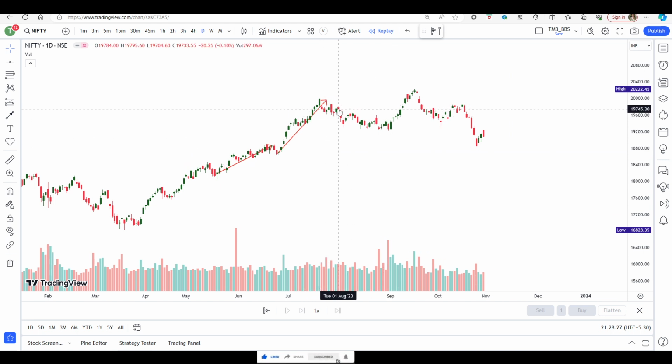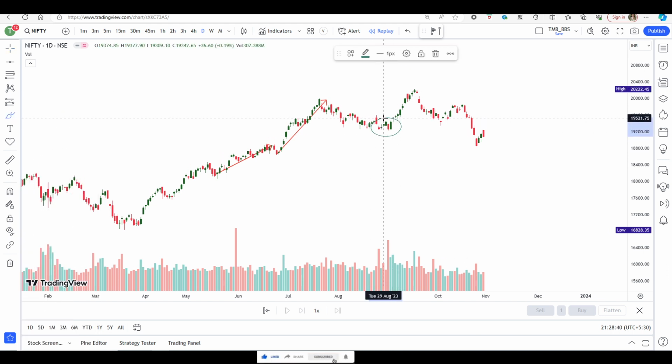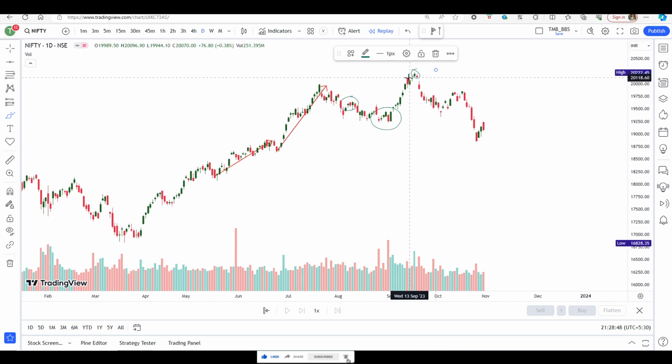If you see all these places, there are some days where you won't even get trades. These 4 days you will not get the opportunity. Here also you don't get the opportunity. Here we can get the opportunity because the close price is below the lowest.